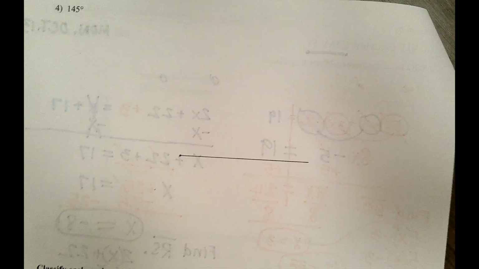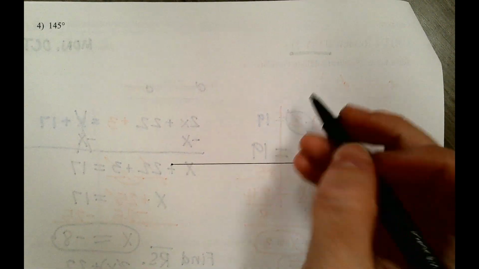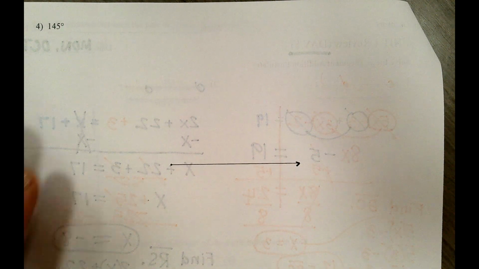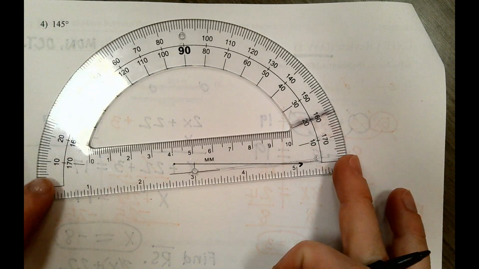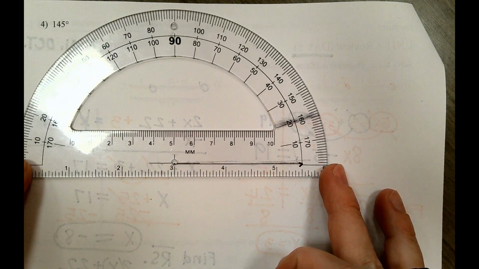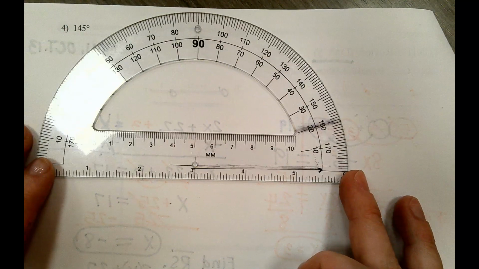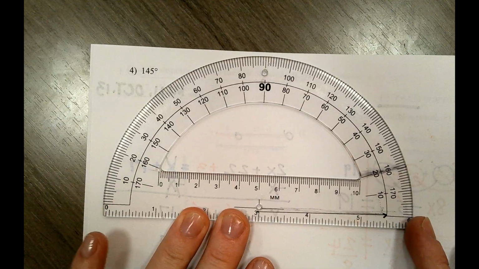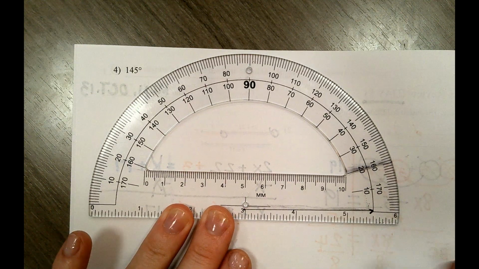Okay, so now going to the next page, we're going to see number 4 is another ray and 145 degrees. So we're left with another question. We're going to first line up our protractors with that ray. And you're going to notice that there's also 2 145s.